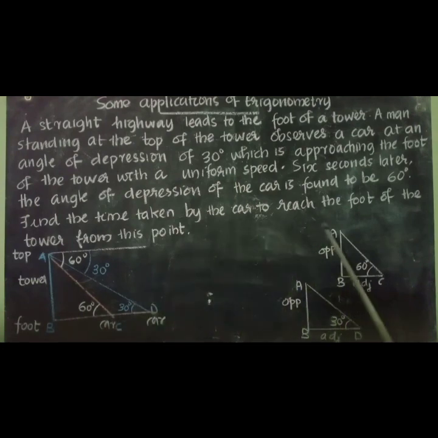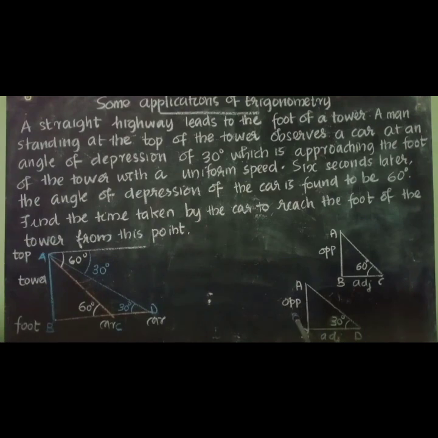And as usual, let us draw the right triangles separately. One right triangle is triangle ABC with acute angle 60 degree. AB is opposite side, BC is adjacent side. Second one is right triangle ABD with acute angle 30 degree.